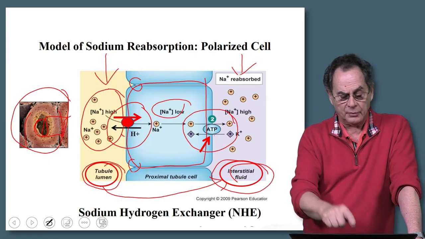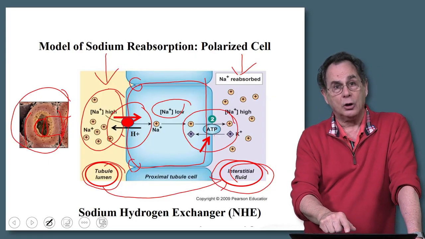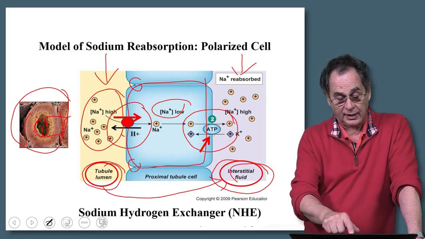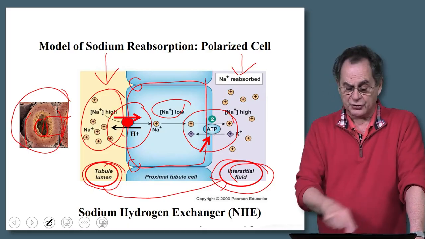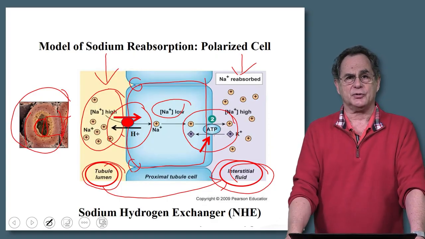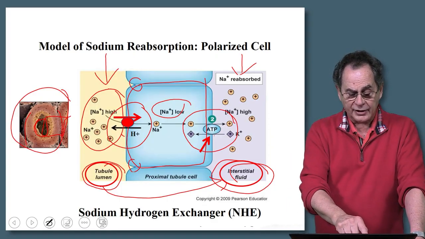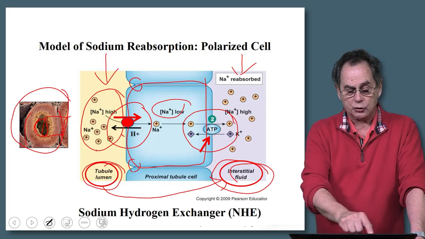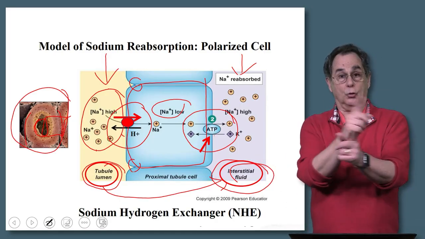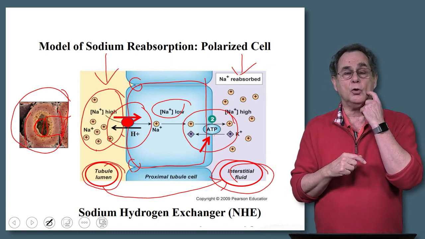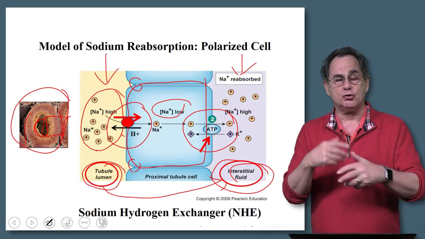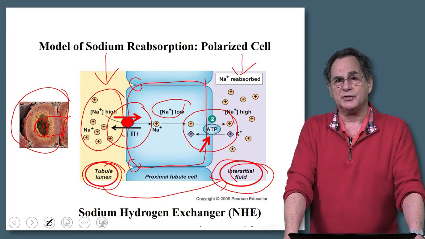It moves sodium into the cell, down a concentration gradient from the luminal compartment into the cell, and it exchanges it for hydrogen ion. So one class of transporters are antiporters, in which the gradient between sodium here and here drives the reabsorption of sodium in exchange with the movement of hydrogen into the lumen. We're going to come back to this because the kidney uses this to maintain acid-base balance.